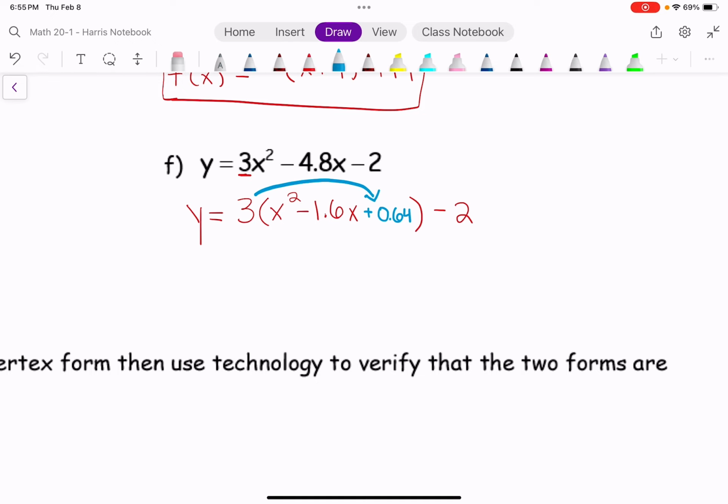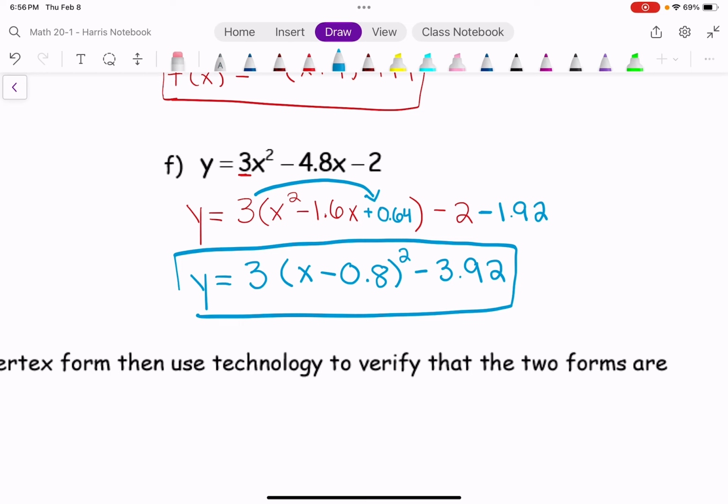That's a positive, so that means I need to subtract, which came out to be 1.92. And then I'm going to rewrite. So y is equal to 3, my perfect trinomial comes out to be x minus negative 1.6 divided by 2, which is 0.8, all squared. And then I have negative 2 minus 1.92, which is negative 3.92. And this is my final answer.